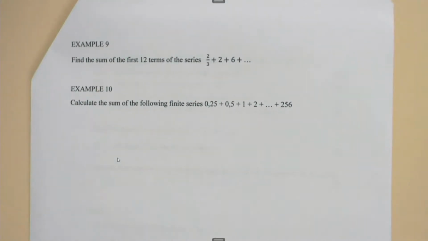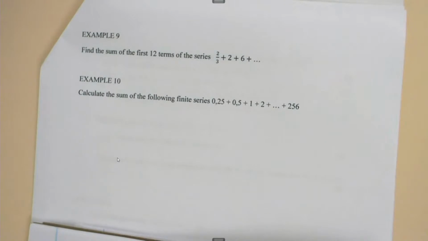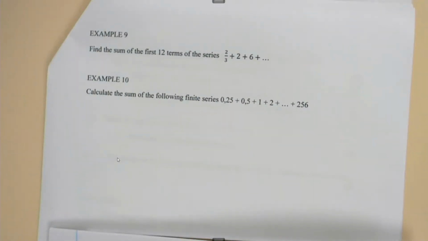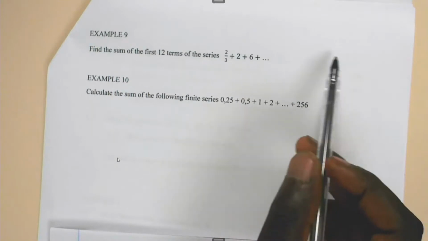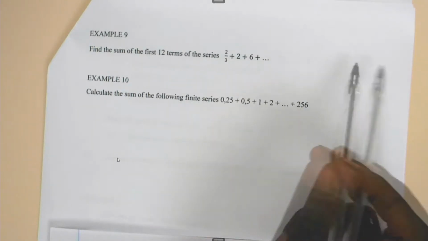Example number 9 says: find the sum of the first 12 terms of the series 2 over 3 plus 2 plus 6 plus... These three dots show that the series continues.